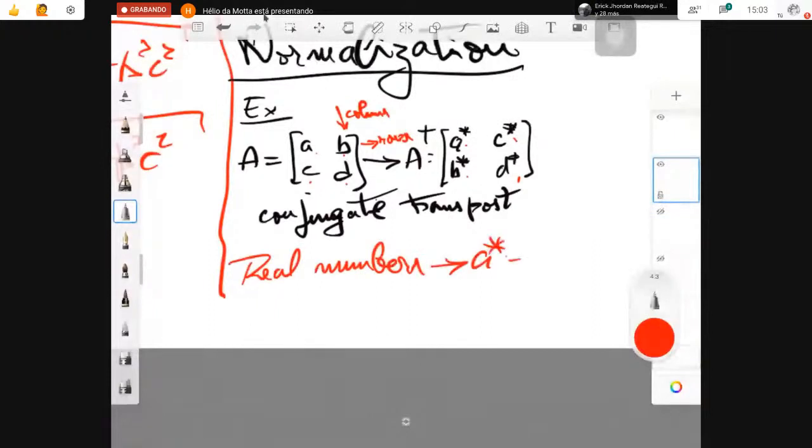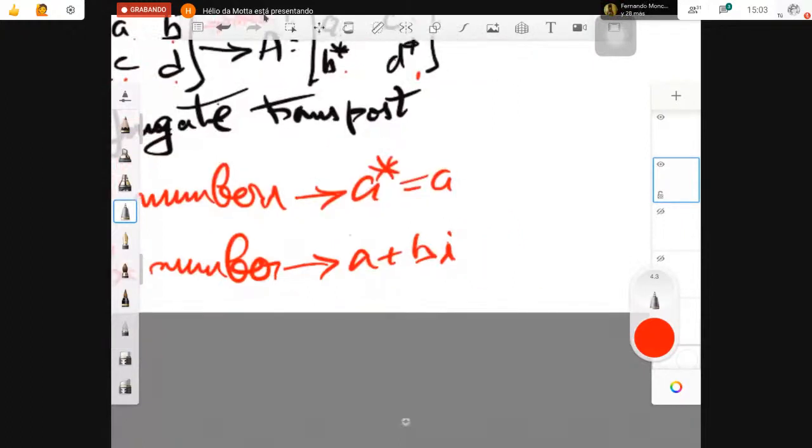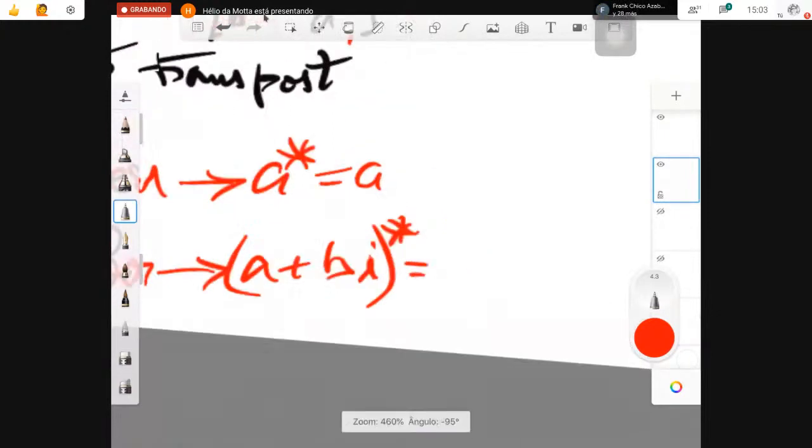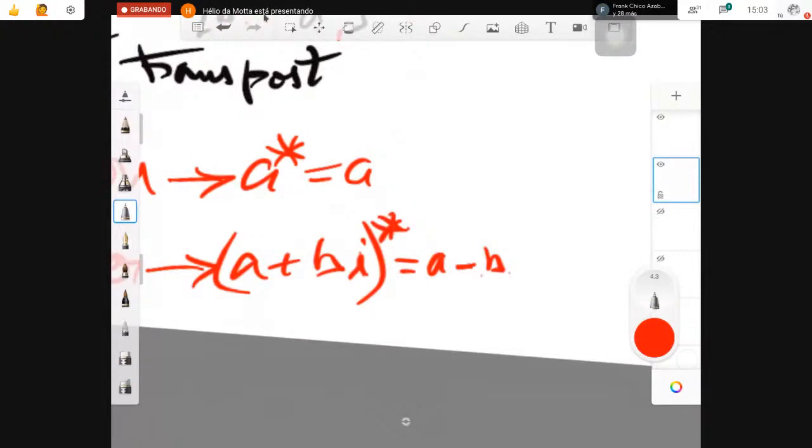But for a complex number, say a plus bi is equal to a minus bi. That's the conjugate. So for the real number it's the same, for a complex number it's different.